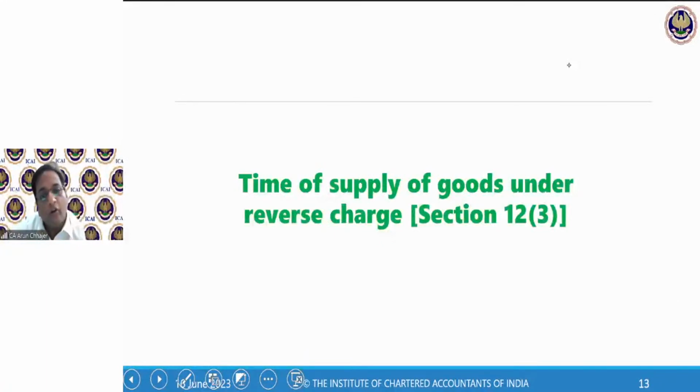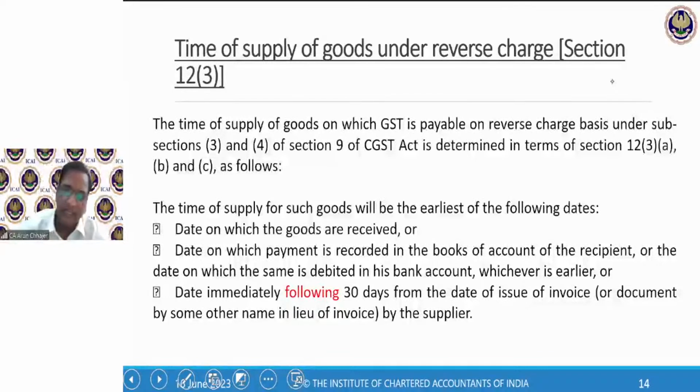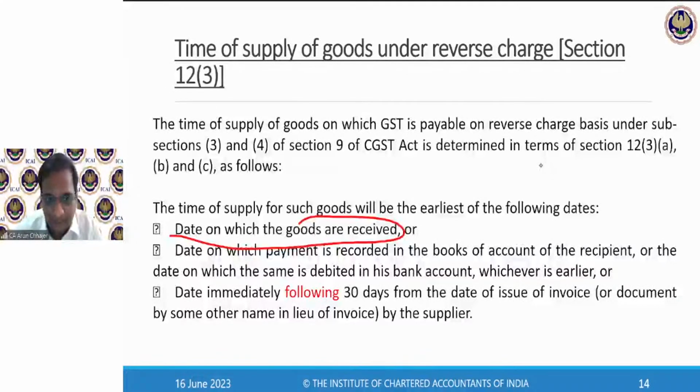Time of supply of goods under reverse charge. It is very simple. In case of reverse charge, we all know, and you have given the correct answer, the recipient is paying the tax to the government. Suppose Mr. A is a supplier and Mr. B is a recipient.